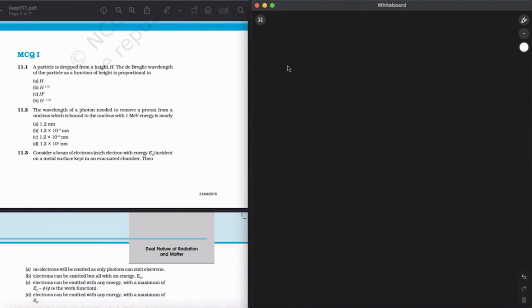So moving onwards, question number one. A particle is dropped from a height h. The de Broglie wavelength of the particle as a function of height h is proportional to. See, basically, what you need to understand is that in the latter part of your physics, the chapters at the end of the class 12 notebook, they are highly conceptual.